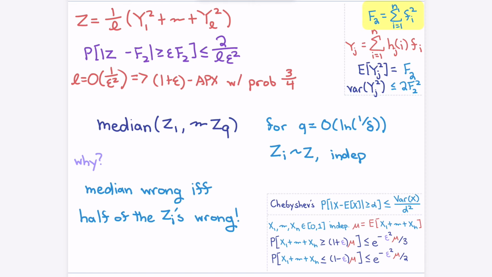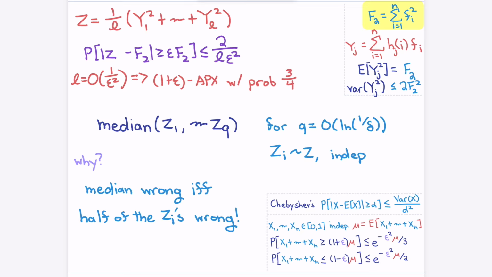Okay, so for the median to be wrong, I need at least half of them to be wrong, right? Because if the median's too big, that means more than half were too big, and if the median's too small, then more than half were too small. But if less than half of them are wrong, you can't have either of those.